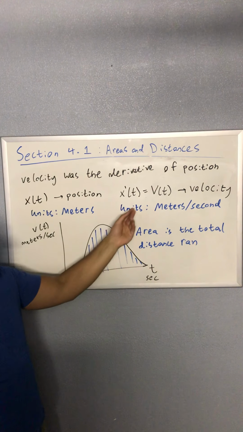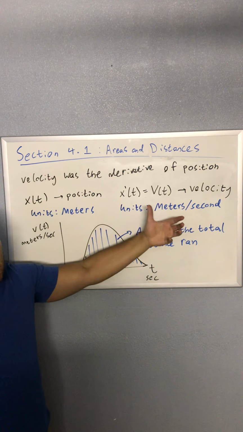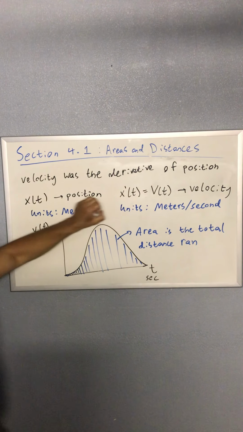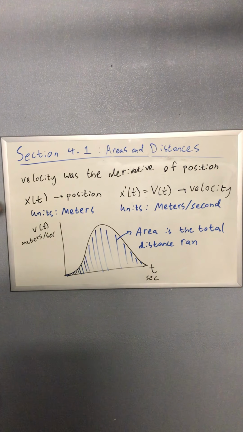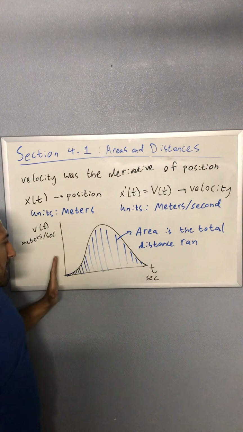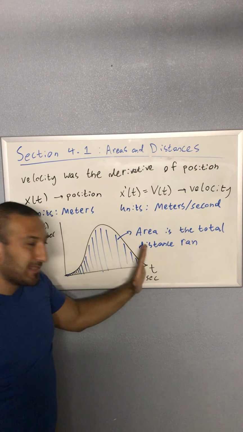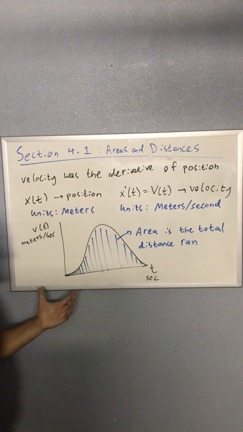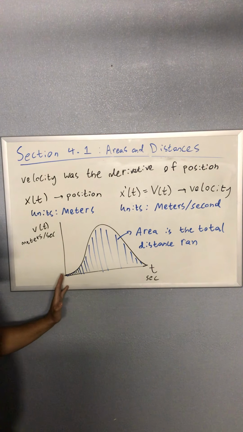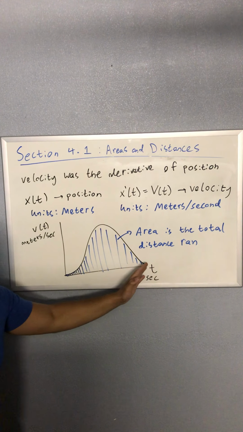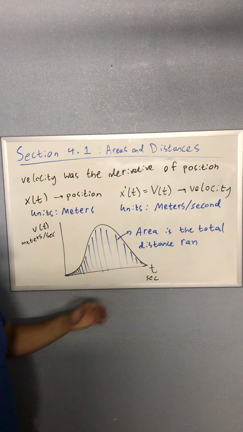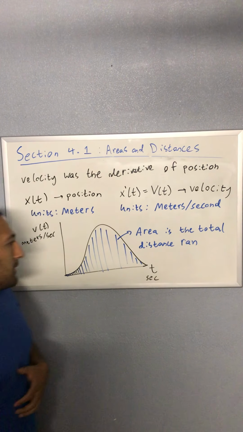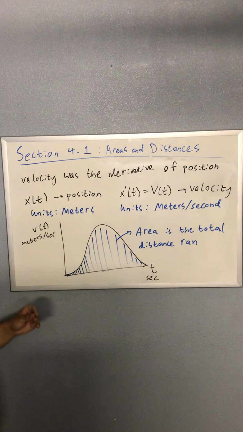Because we said the area under the curve relates to the antiderivative. So it undoes velocity, so it should tell you about the position. And actually it tells you the amount of distance that the runner ran between t equals 0 seconds and whenever they stop. So this is the total distance that the runner has ran.